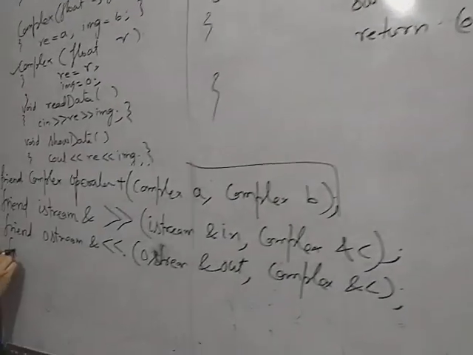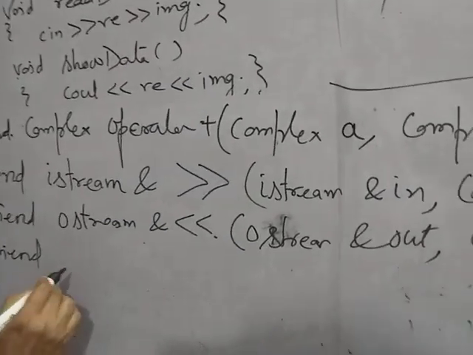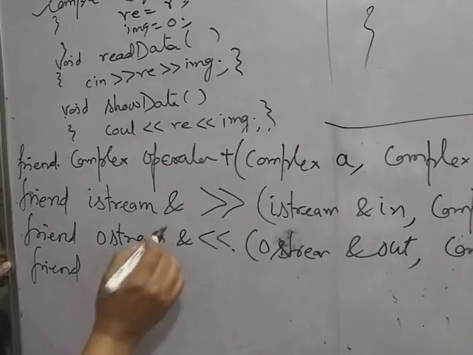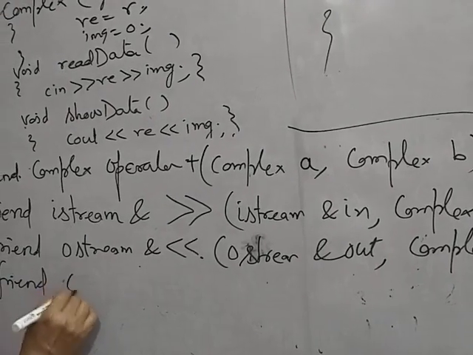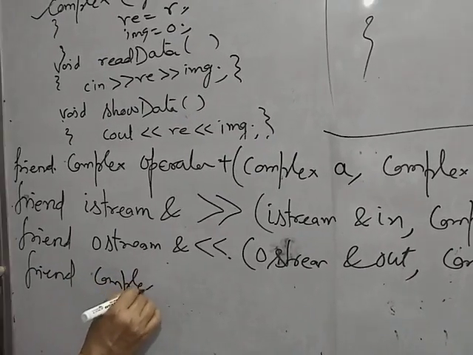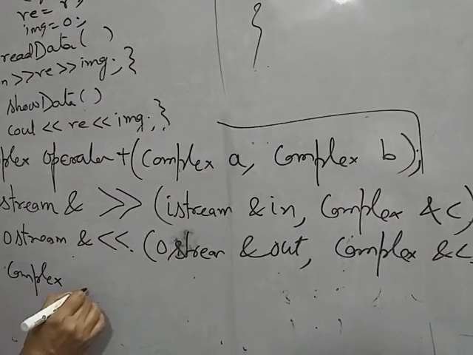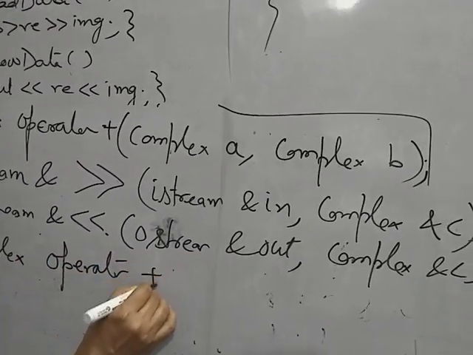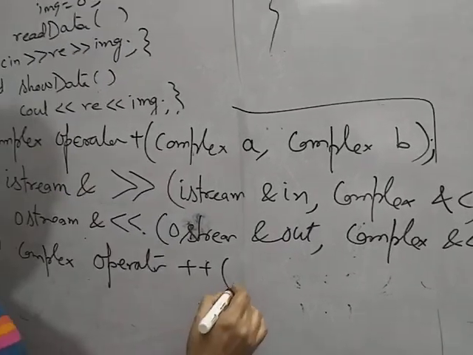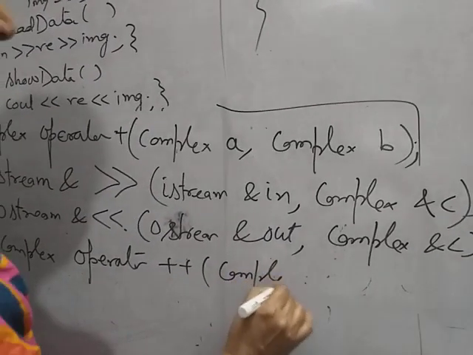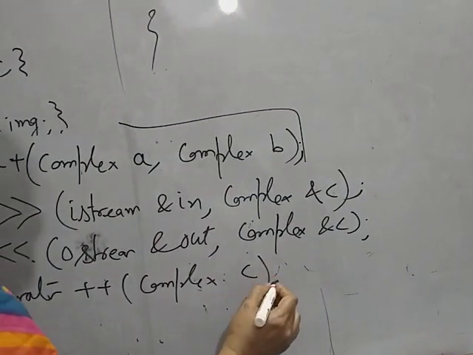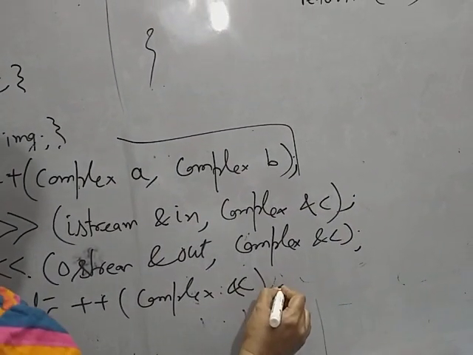So here I will write one more friend, this will return the changes in the implicit object, or simply complex operator++ and then complex& C. Okay, complex, here the reference is required.